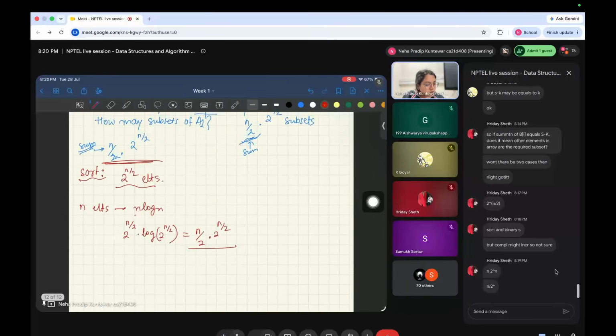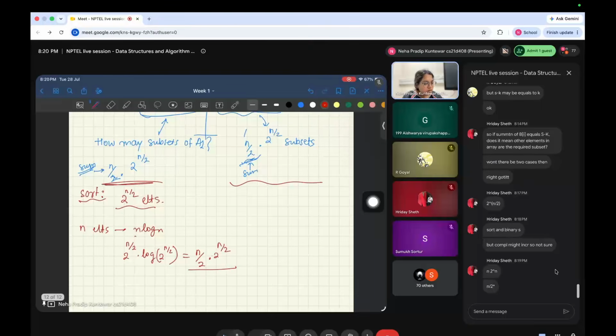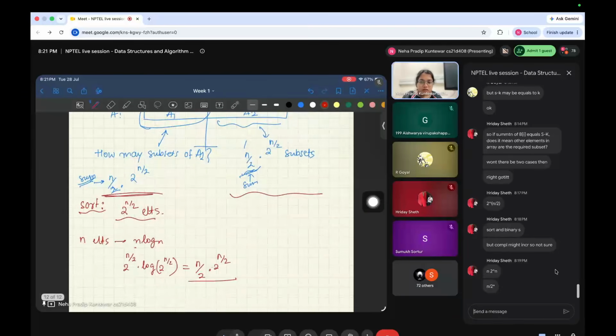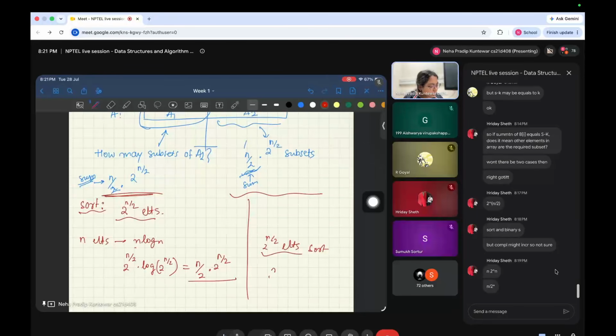Okay, so you do the same thing here as well. You have this set A2, go through all possible subsets. There are 2 to the n by 2 subsets. Find the sum of every subset, that takes n by 2 time. And now you're going to sort again. So again you have 2 to the n by 2 elements and you're going to sort it, and this will separately take n by 2 times 2 to the n by 2 time for the sorting.